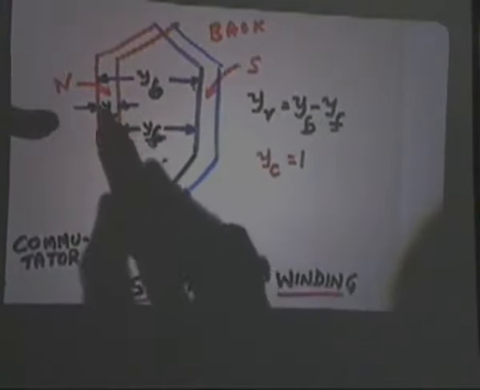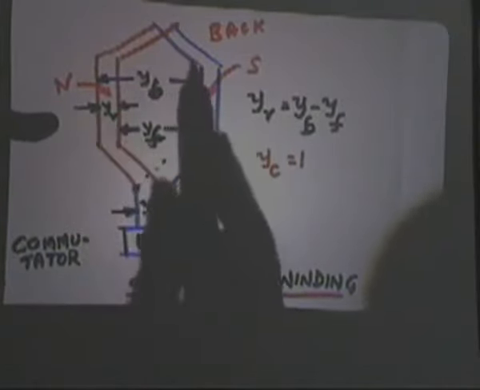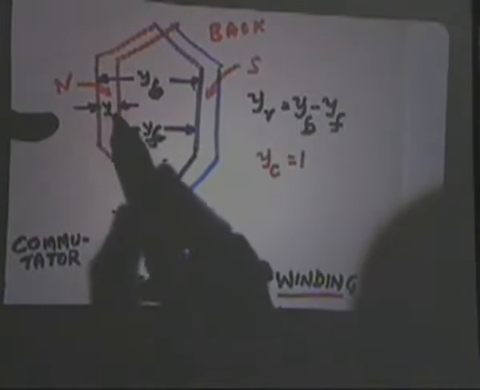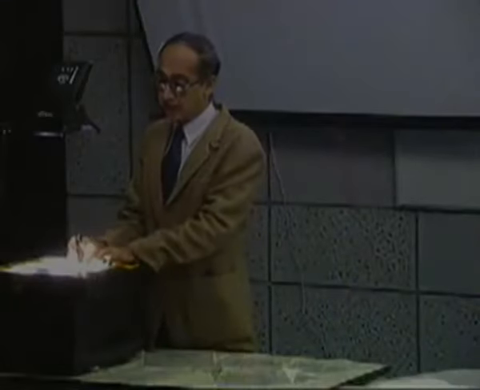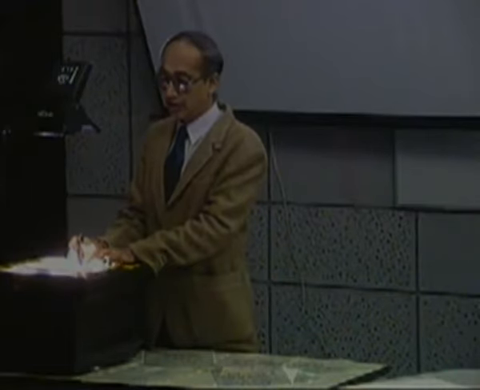And Yr, the resultant pitch, is the distance between the coil sides of the subsequent coils. That means if the first coil starts here, next coil starts here, therefore this is the distance between the coil sides, the resultant pitch.